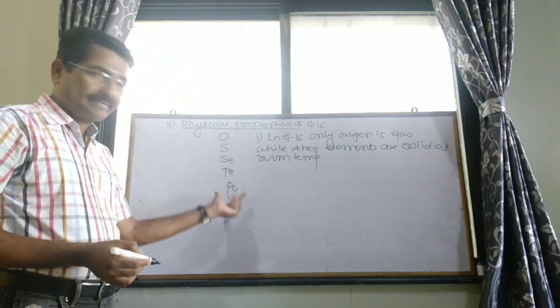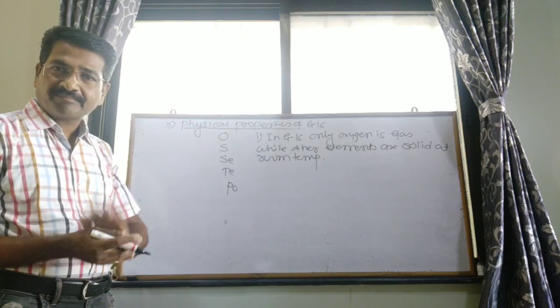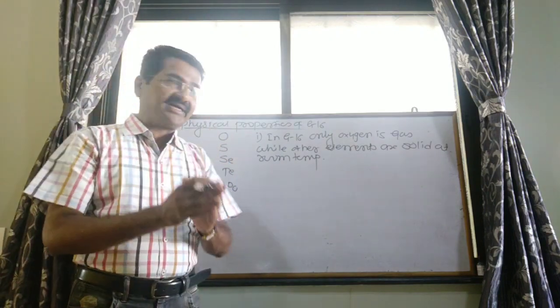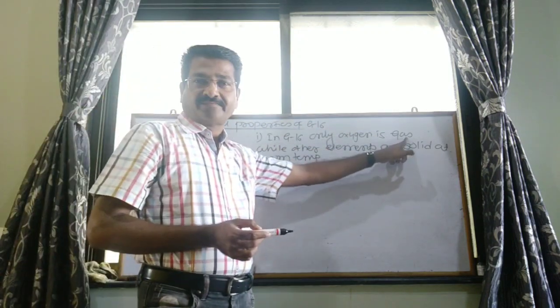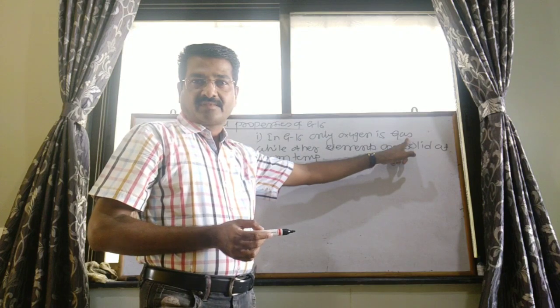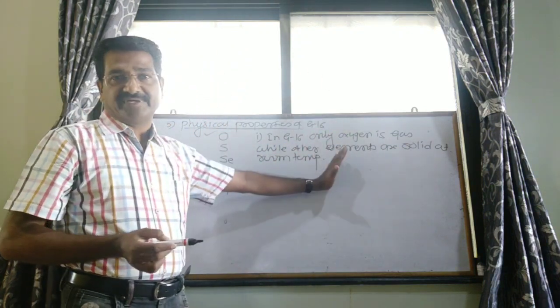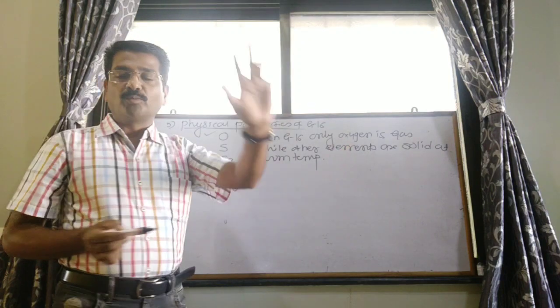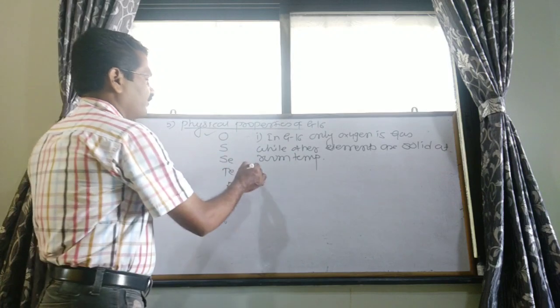These are the 16 elements: oxygen, sulfur, selenium, tellurium and polonium. But in these elements only oxygen is gas, and all remaining elements are solids at room temperature. Whenever room temperature is considered, only oxygen is gas.